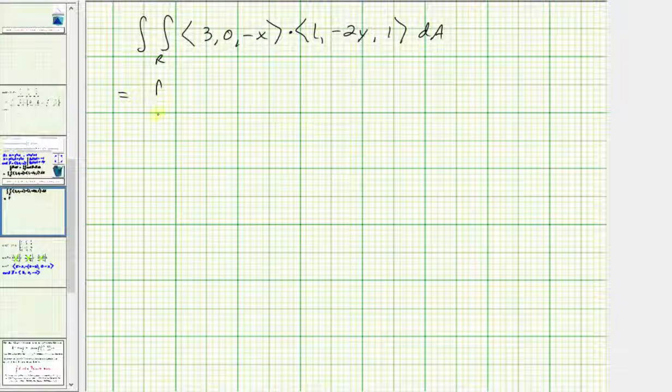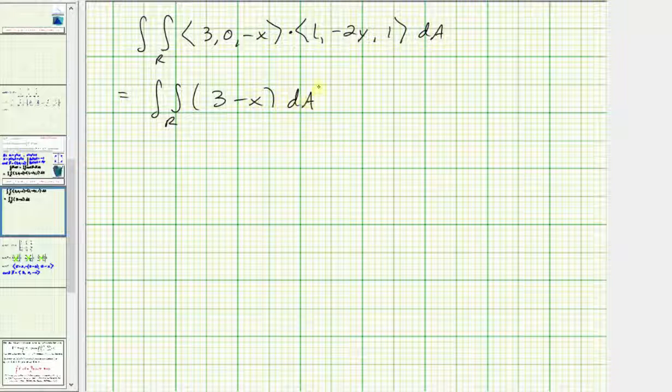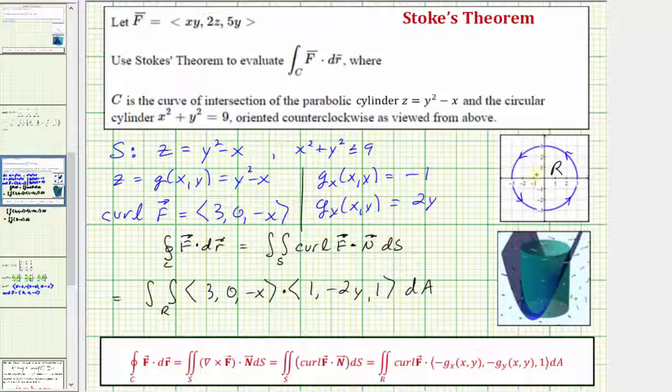So we'd have the double integral over the region R of 3 times 1, that's 3, plus 0 times negative 2y, that's 0, and then plus negative x times 1. So the integrand function is just 3 minus x, differential a. But again, the region R is this region here inside this circle.